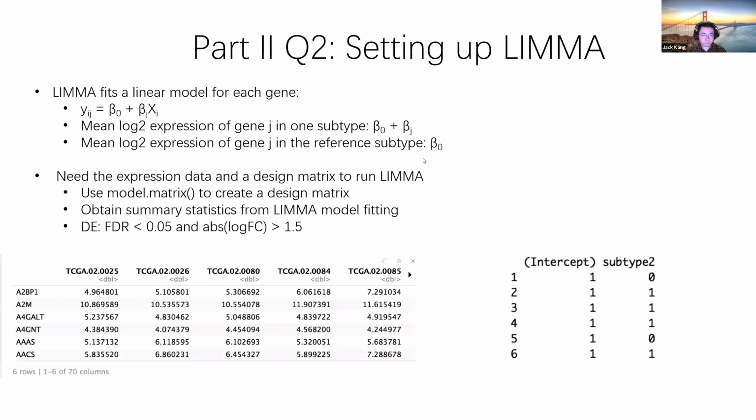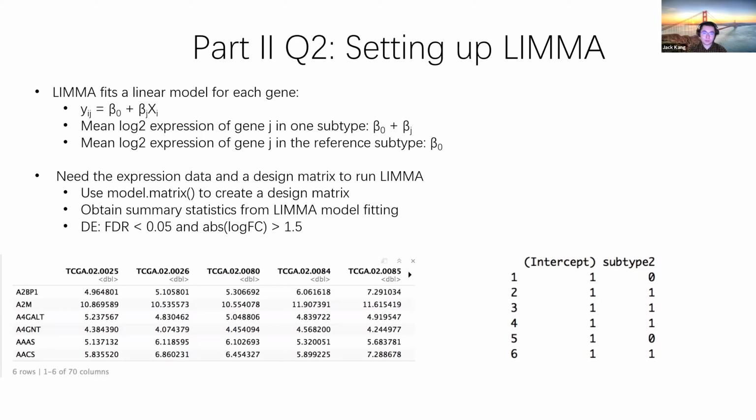of this section. So specifically for this question, we are asking what are the differentially expressed genes comparing the two tumor subtypes. So you need to first create the variables to indicate whether a sample belongs to subtype 2 or subtype 1.